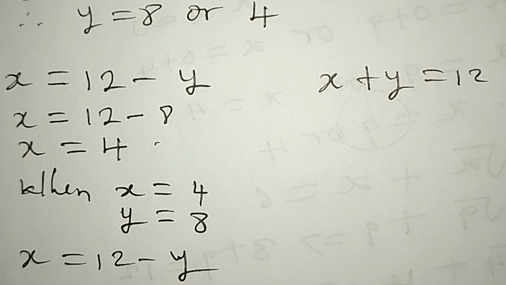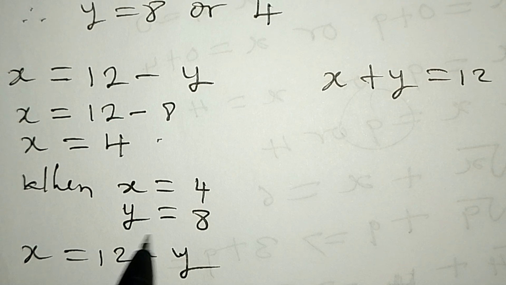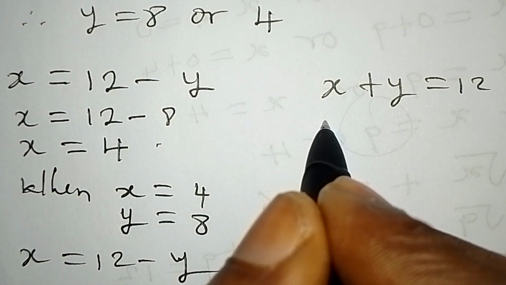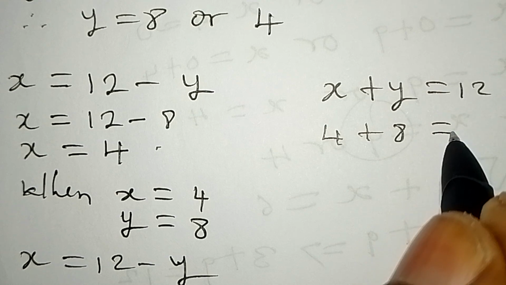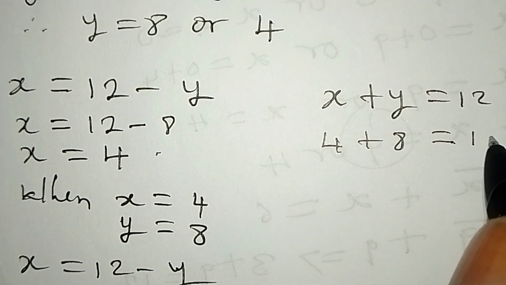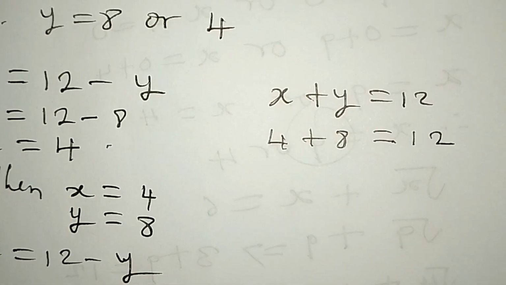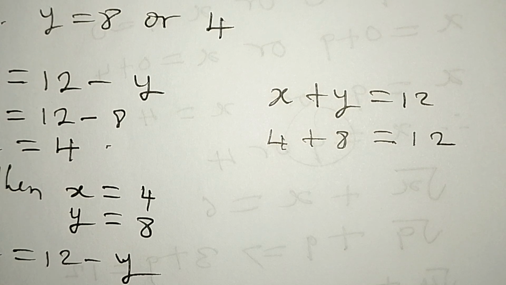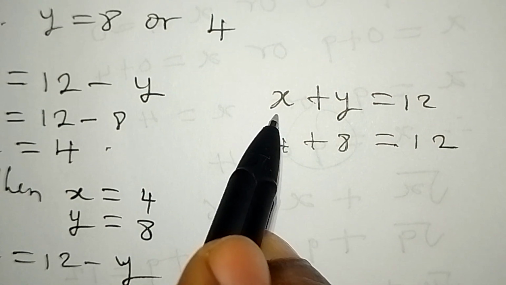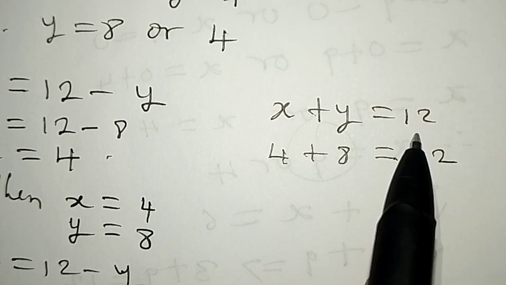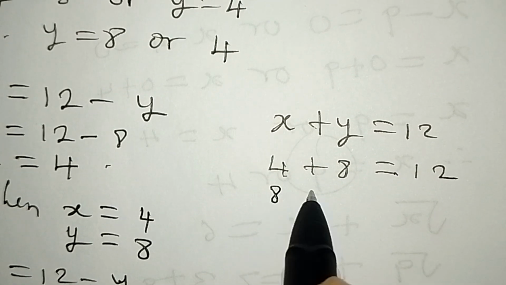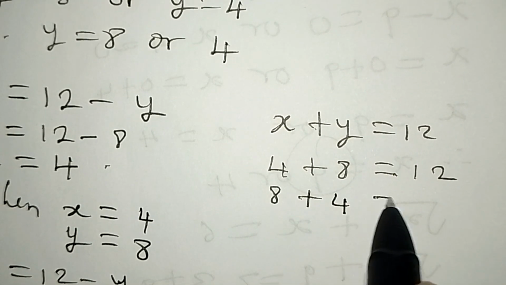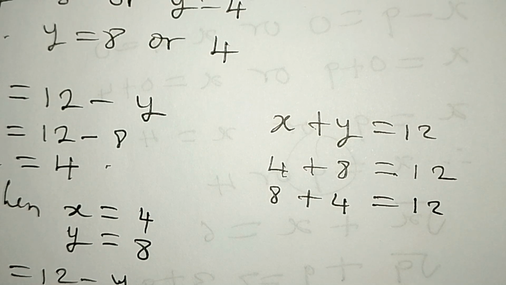When x is 4, y is 8, that means we're having 4 plus 8, and that is giving us 12. And then the second one, x is 8, y is 4, so in that case you'll be having 8 plus 4, and this will still give us 12.